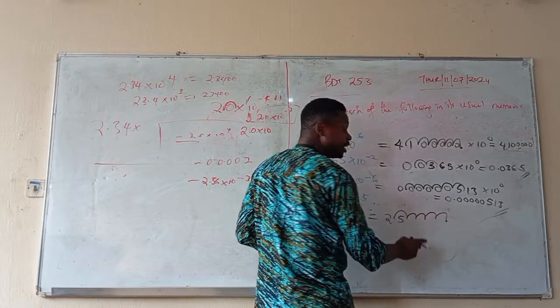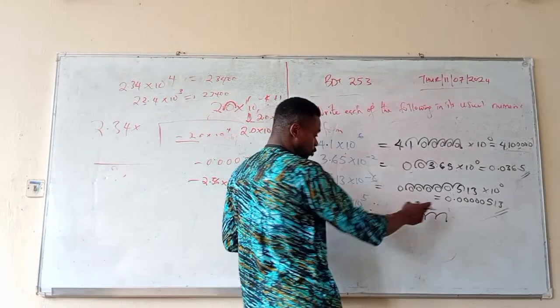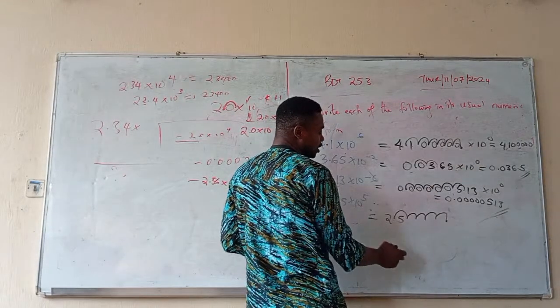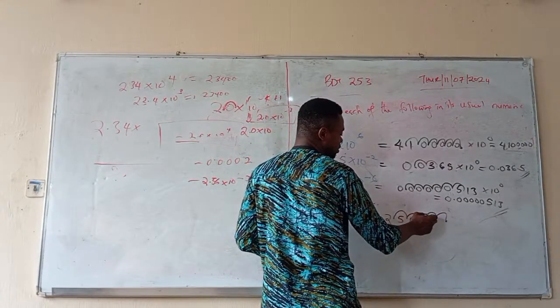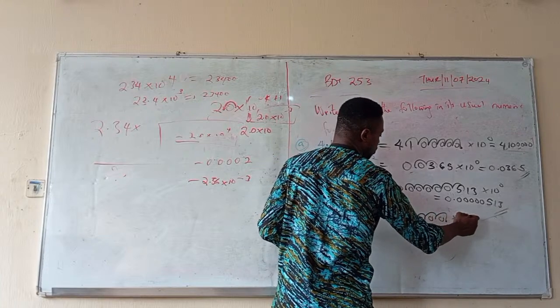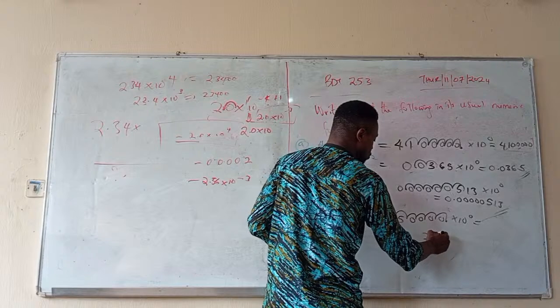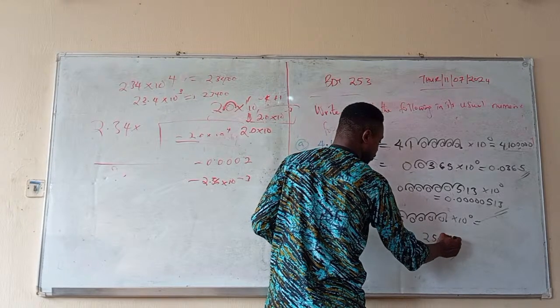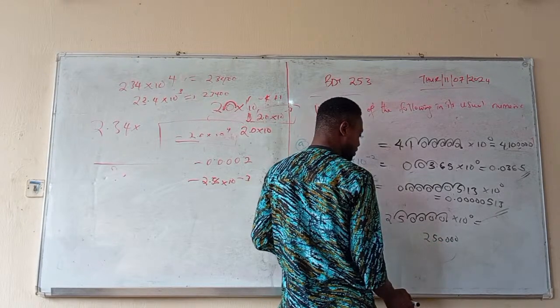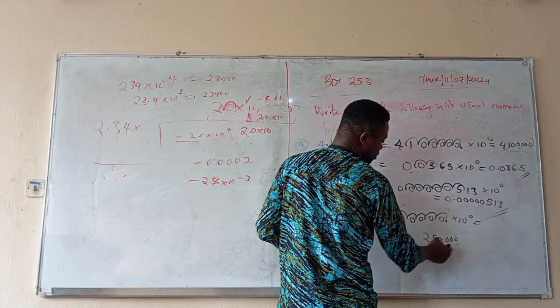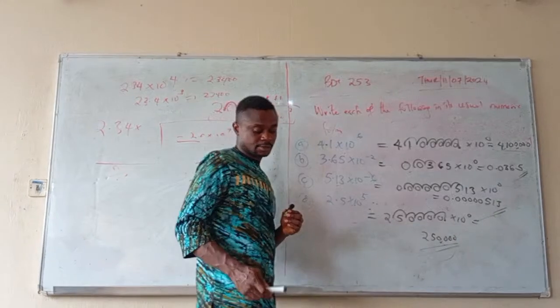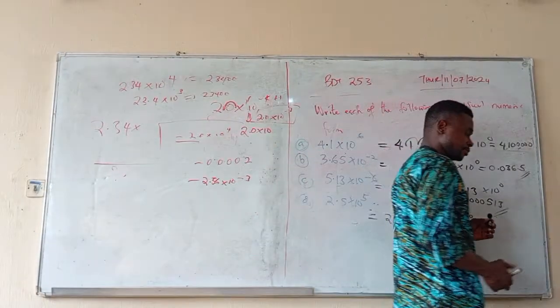The decimal point will be there, even though it's invisible. So you fill up here with 0, you have 2, 5, and 4 zeros, right? So 250,000. Does it make sense? Yes, sir.